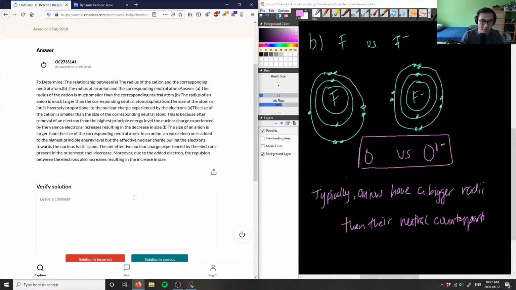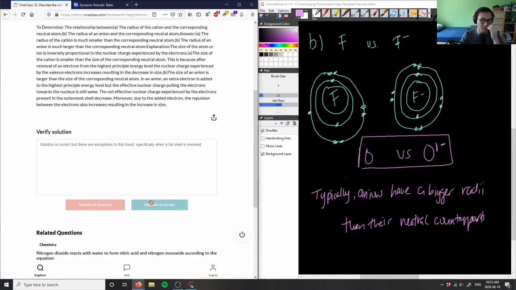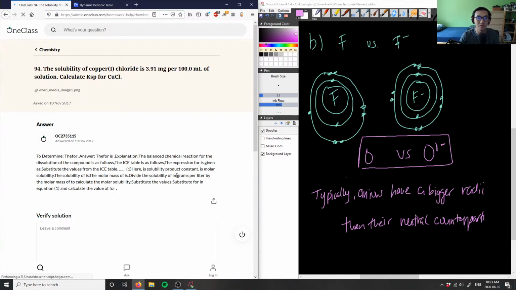So in this case, its solution is correct. But there are exceptions to this trend. So I'm going to say the solution is correct. Again, this is in general. We're talking about a general trend here.